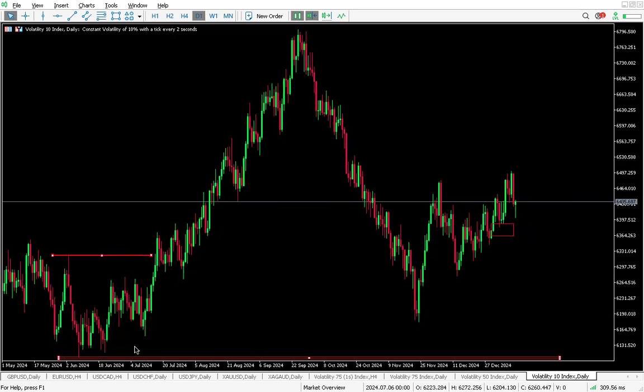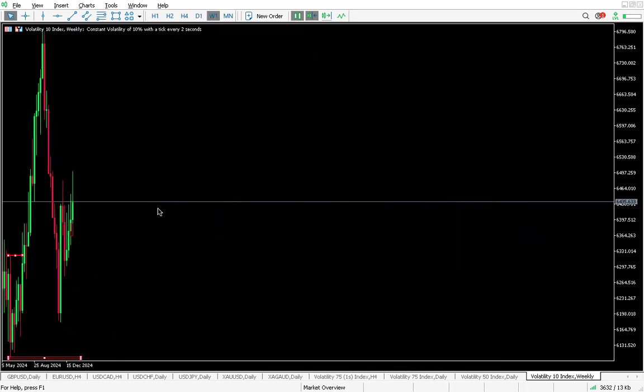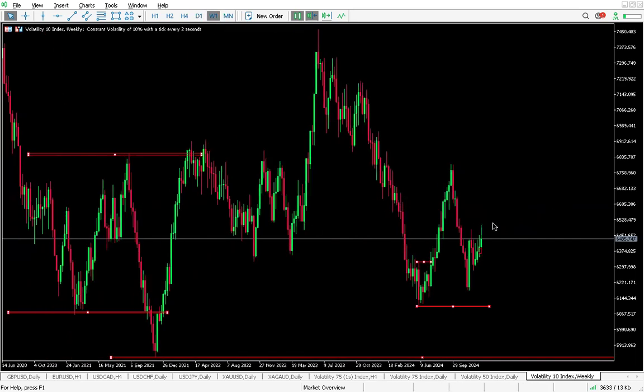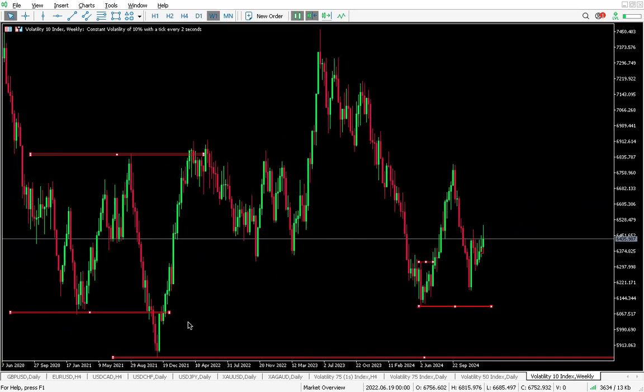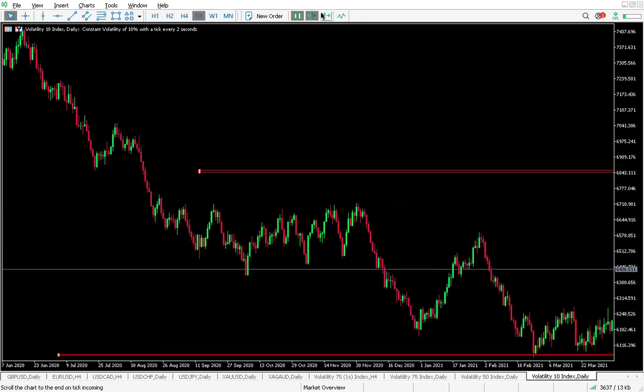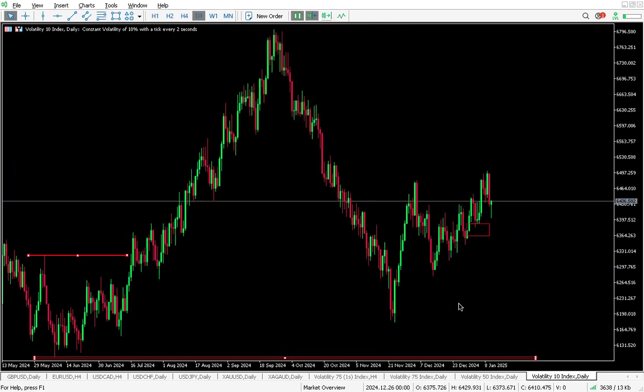Now, if price should break this low, we still anticipate the bearish movement. Remember, this is our swing low from the weekly and the monthly time frame, but this becomes our swing low for the daily time frame.